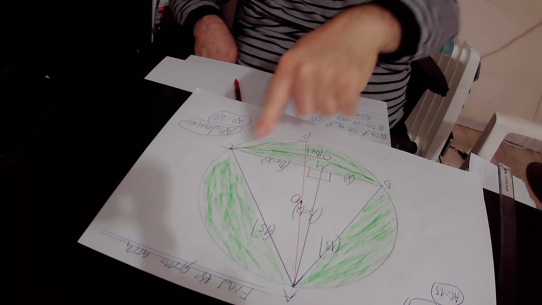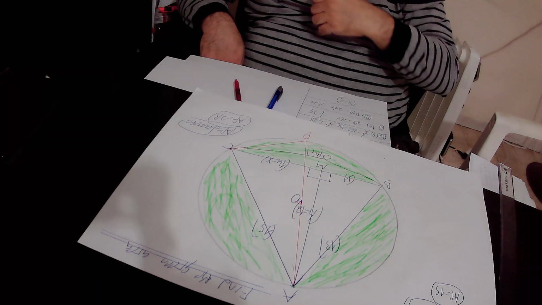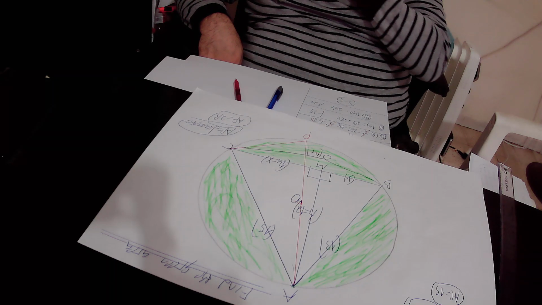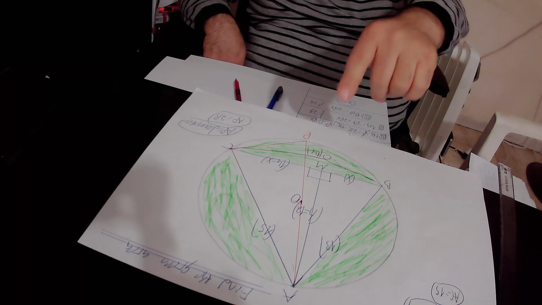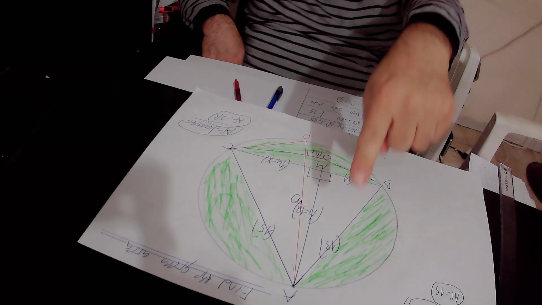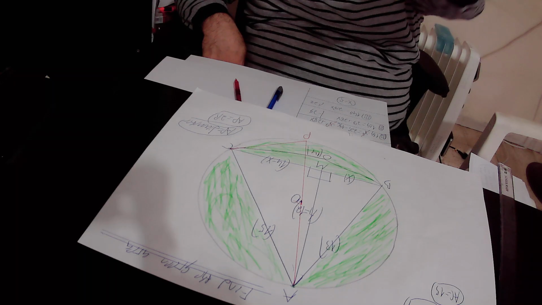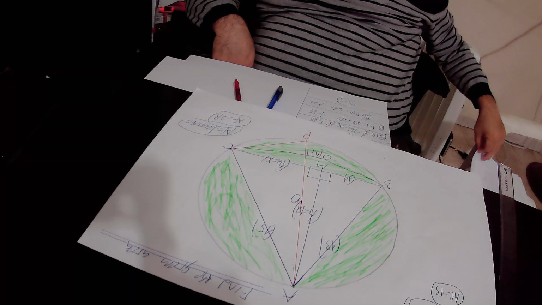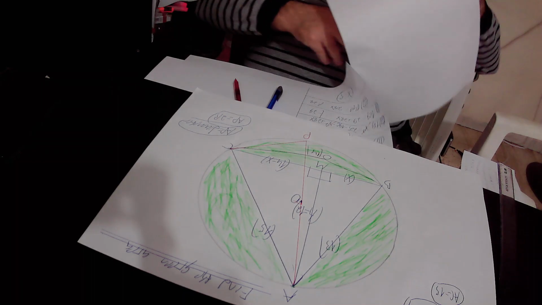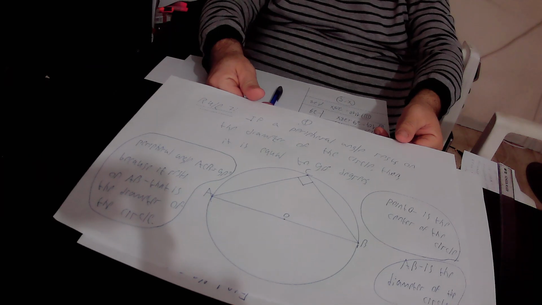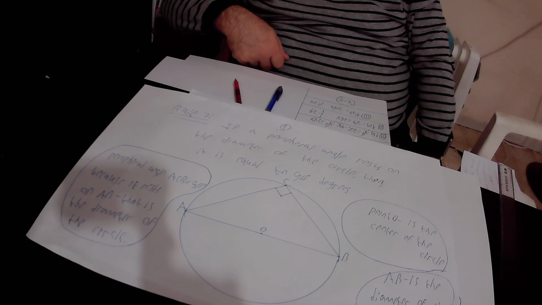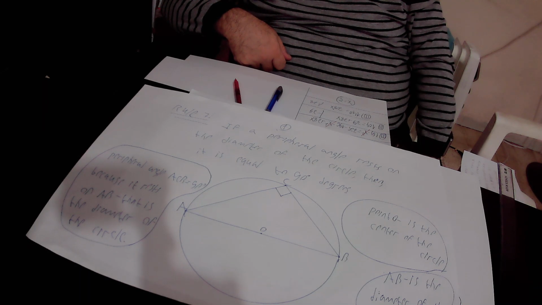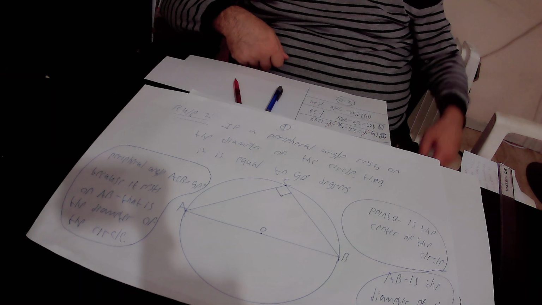This peripheral angle ACP rests on AP, that is the diameter of the circle. And we have rule number 7 that states that any peripheral angle that rests on the diameter of the circle must be equal to 90 degrees. I repeat rule number 7. According to rule number 7, if a peripheral angle rests on the diameter of the circle, then it is equal to 90 degrees.